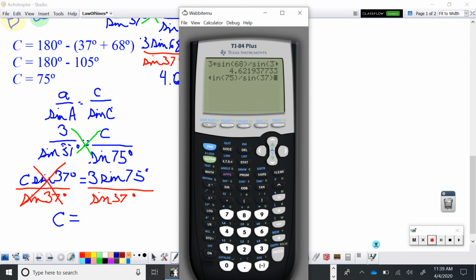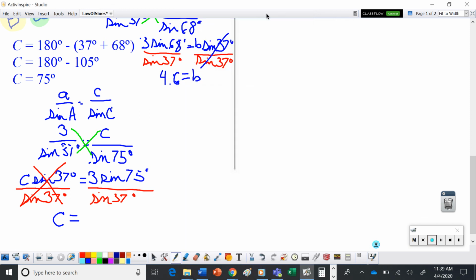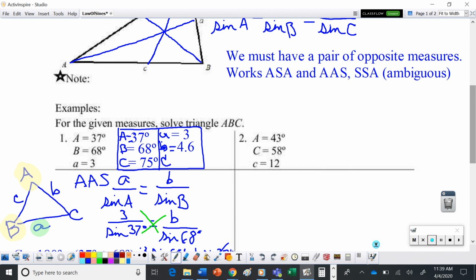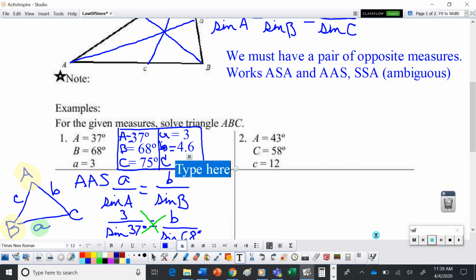Now go back and double check, make sure everything's exactly what we want. 3 times the sine of 75 divided by the sine of 37 equals, and we get about 4.8 for that third side. So we can put that right in here, 4.8, and then we can come up here to our answer table, and we can say that side C is equal to about 4.8. And there we go.